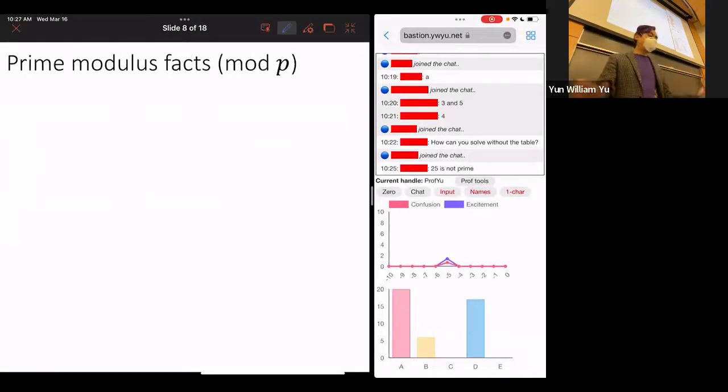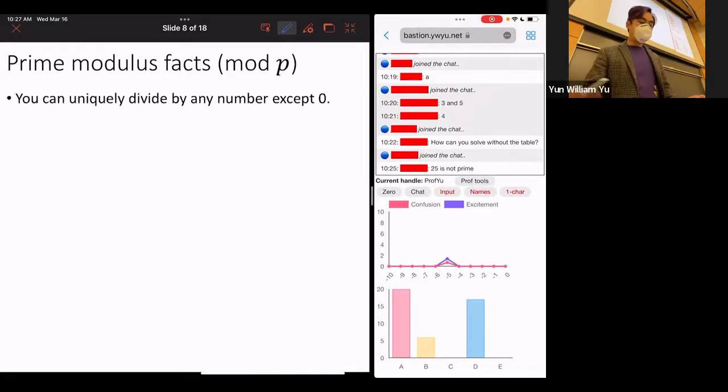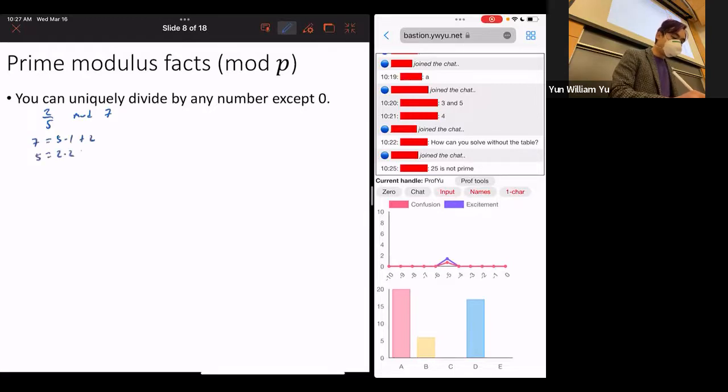So let's remind ourselves about a couple of the prime modulus facts. Importantly, you can always uniquely divide by any number except 0 in the prime modulus. So say 2 over 5 mod 7. Well, we know how to do this. We know 7 is equal to 5 times 1 plus 2. 5 is equal to 2 times 2 plus 1. 2 is equal to 2 times 1.